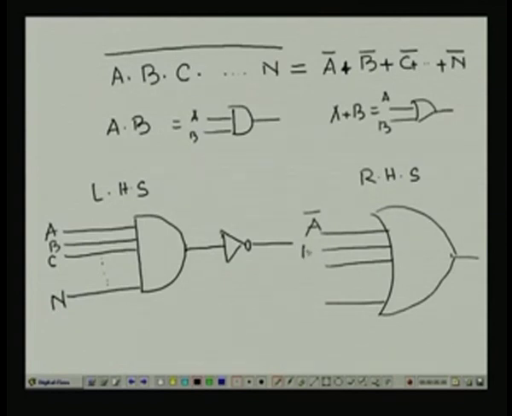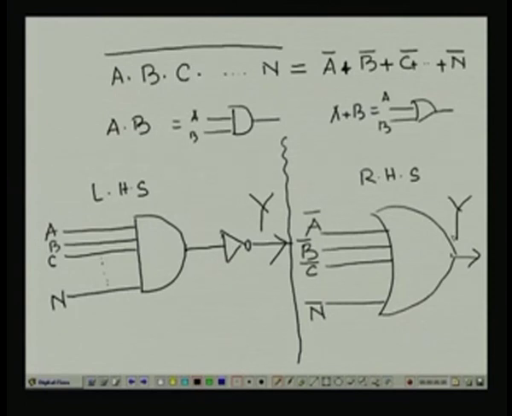In the left hand side the variables were a, b, c up to n, here all are converted. So, this will be my output y.